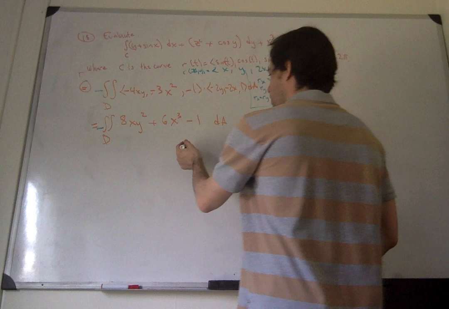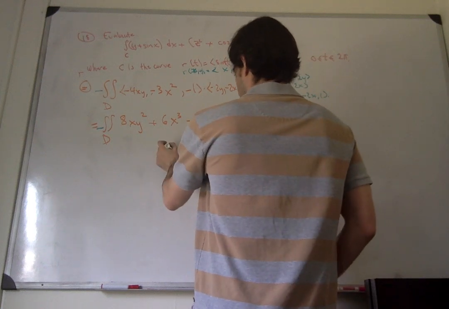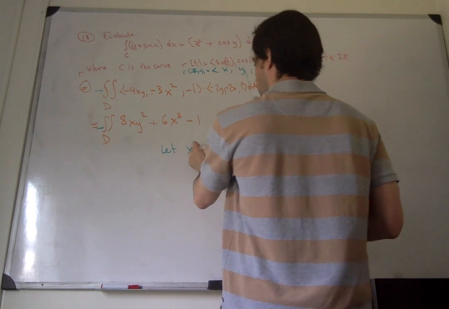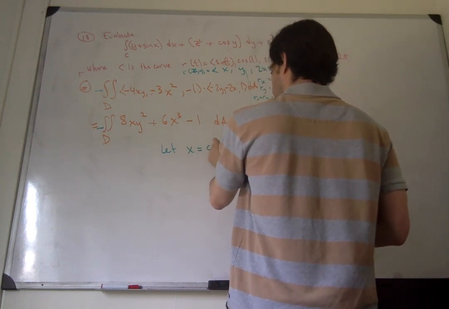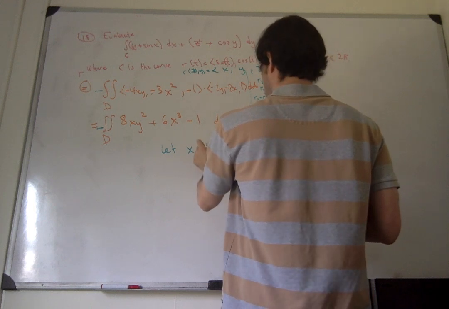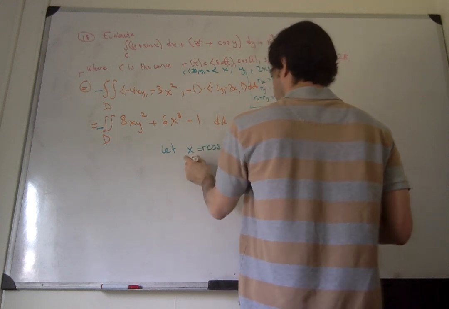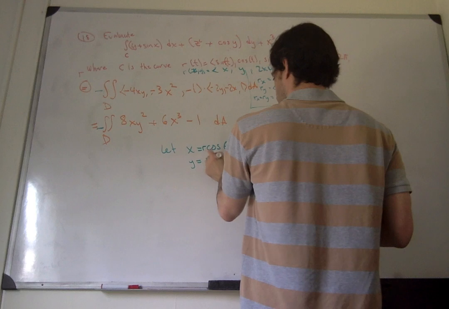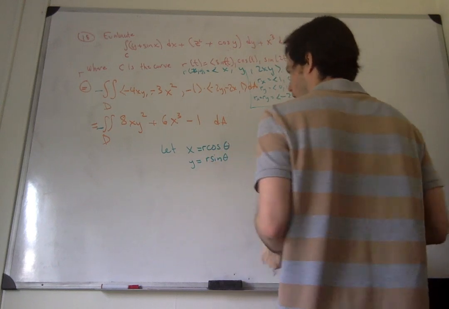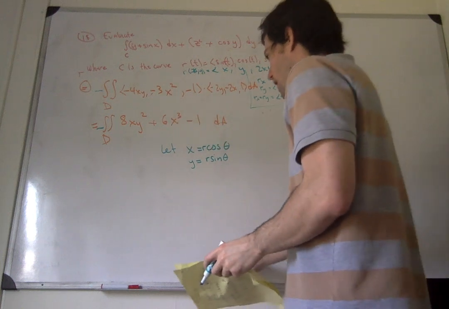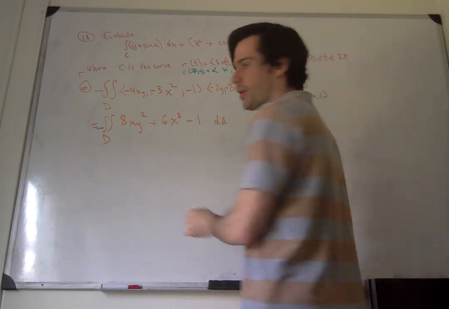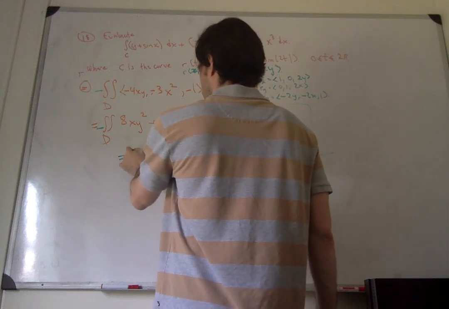So you're going to say, let x equal r cosine theta, and let y equal r sine theta. Once you do that, this is just an ordinary algebraic manipulation. You can do that.